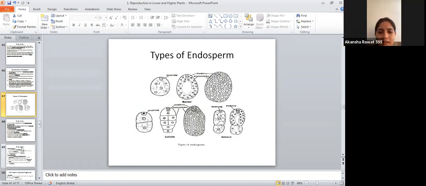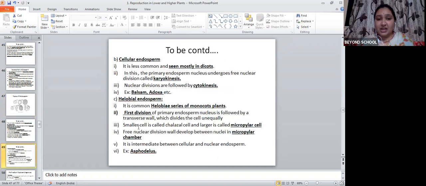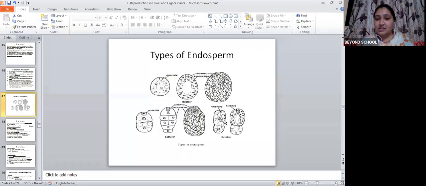Okay, now when this wall has gone under division, therefore this cell divides unequally. Do these cells have a shape?